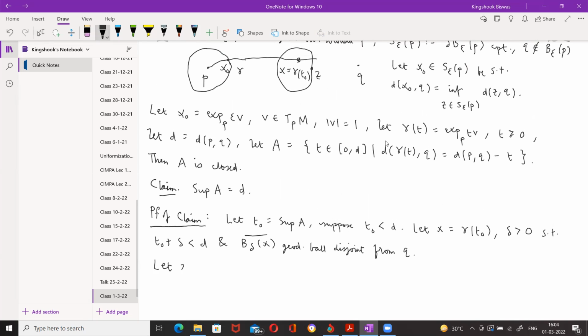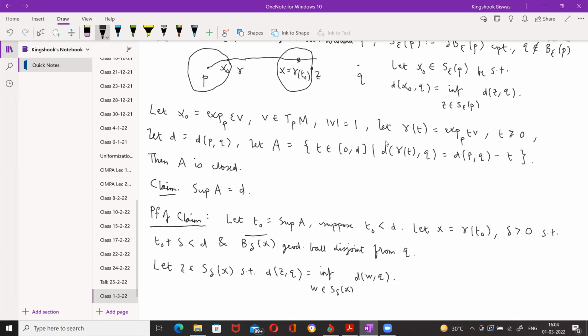So let Z belong to the sphere of radius delta around X, such that the distance of Z from Q is equal to the infimum over W in this sphere S delta X of the distance WQ. Okay.